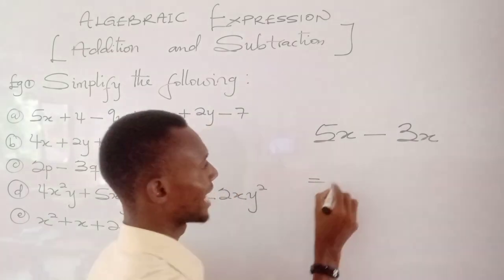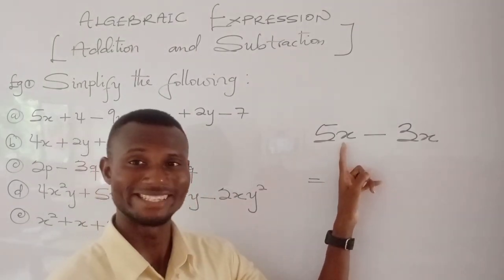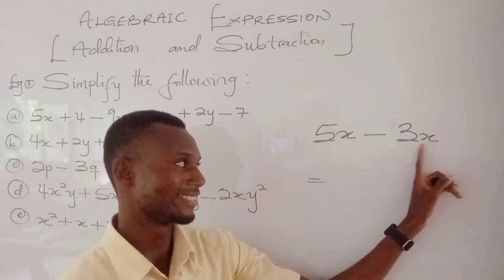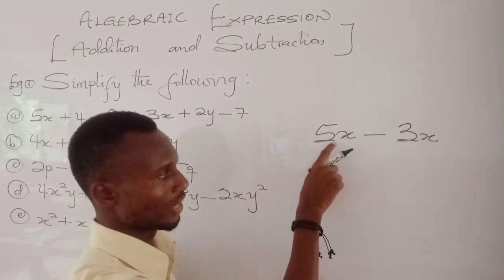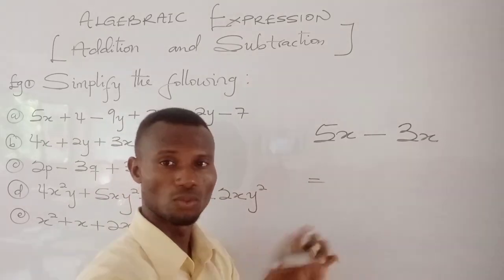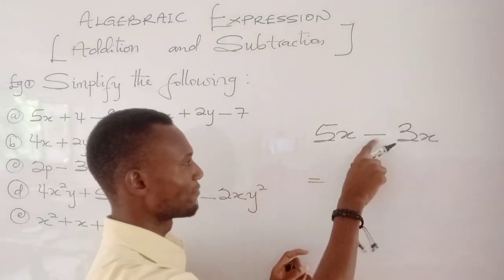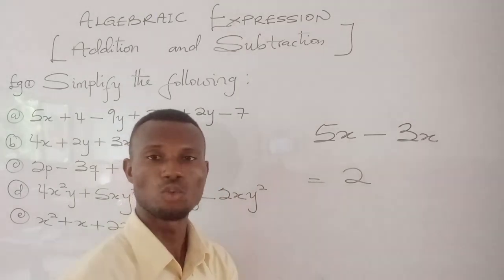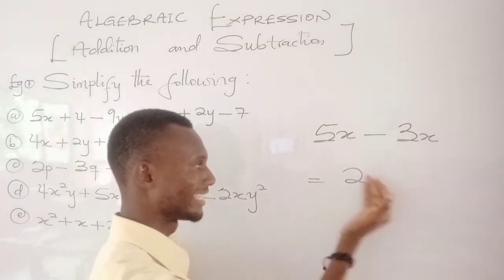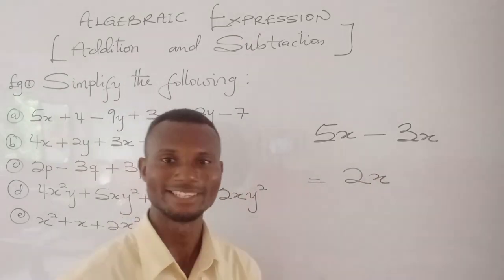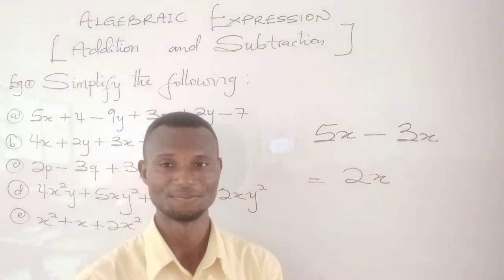The coefficient of this s is 5. The coefficient of this s is minus 3. So we have 5 minus 3. So we are going to deal with the coefficient. 5 minus 3 gives 2. Then you just pick one of the variables and attach to it. So you will have 2s as your final answer.